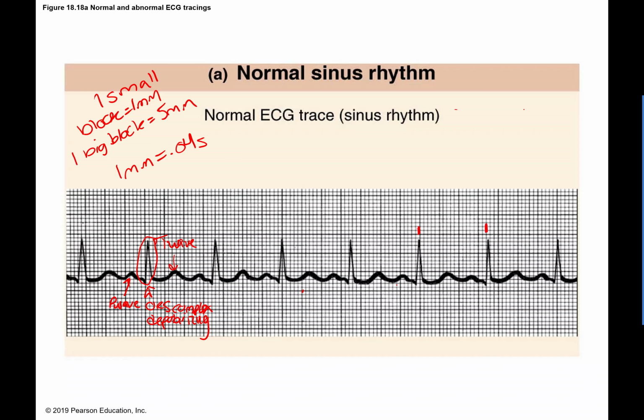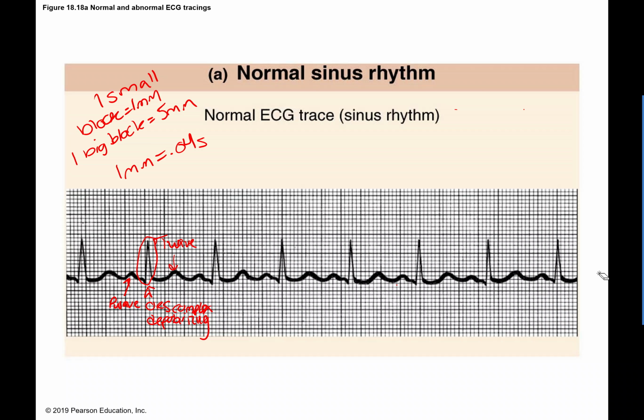So I suggest using the R waves because they're the most prominent thing typically on an ECG, but you could theoretically go from the top of the T to the top of the next T. You could go from the Q to the next Q. Doesn't really matter overly much as long as you pick the same waveform.